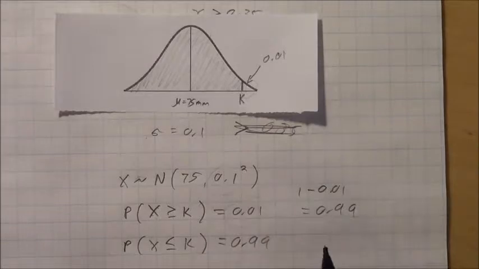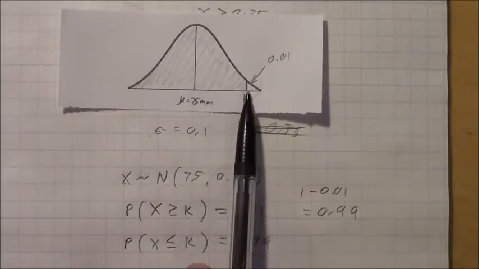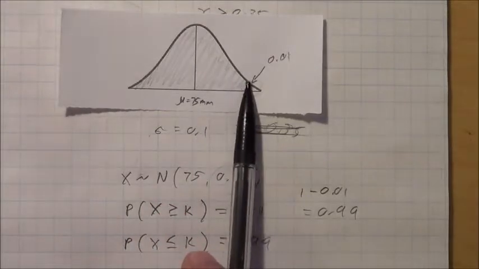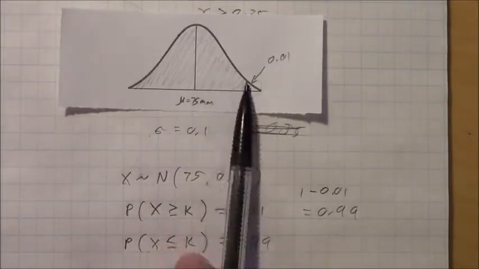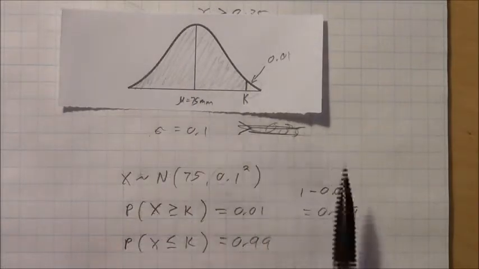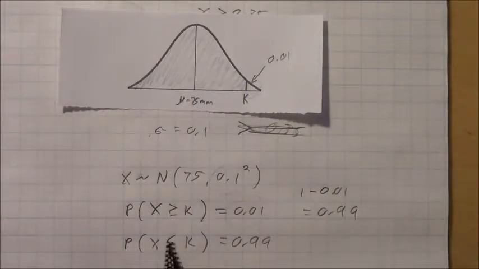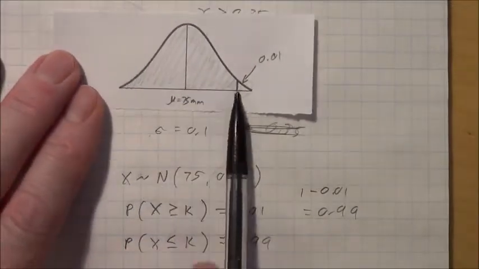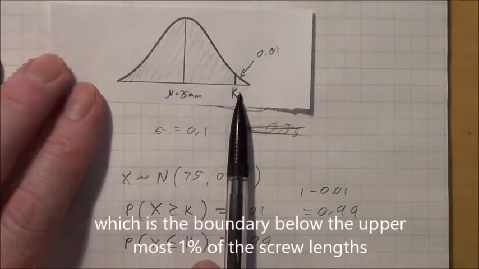And because we're finding the k value that corresponds to the boundary that produces the 0.99, the area under here, even though we're talking about less than k, we're still going to find this k value.